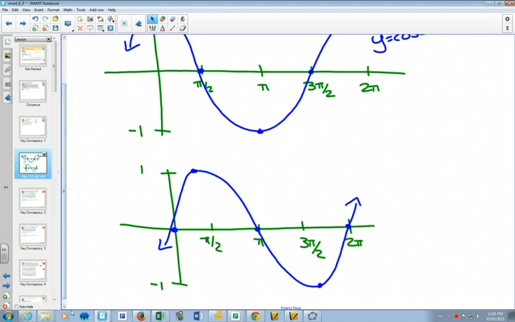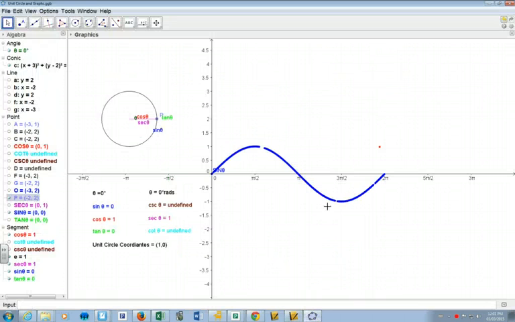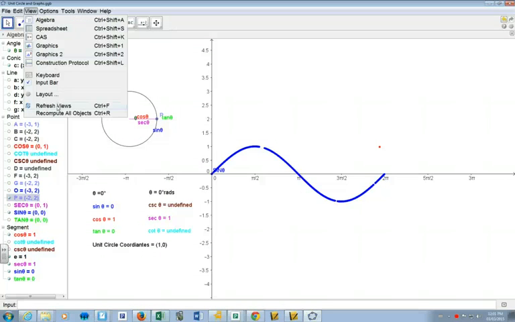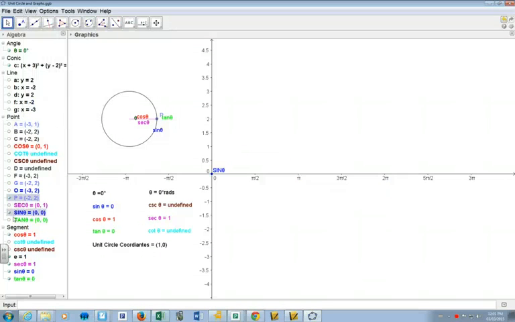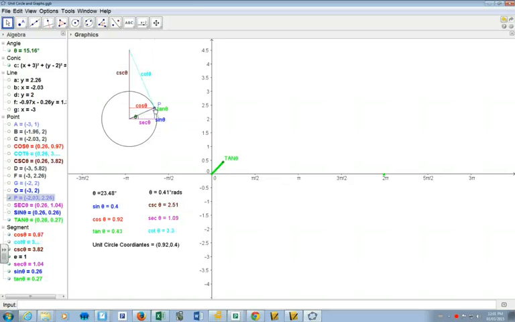Now we'll quickly look at the tan graph before the bell goes. Where's the tan graph? It's going to be on the next page. So I'll take off sine. Tan starts at 0. Now on the graph here, if you drew a tangent at that point P, from that point down to the x-axis, that length is the actual length of tangent.